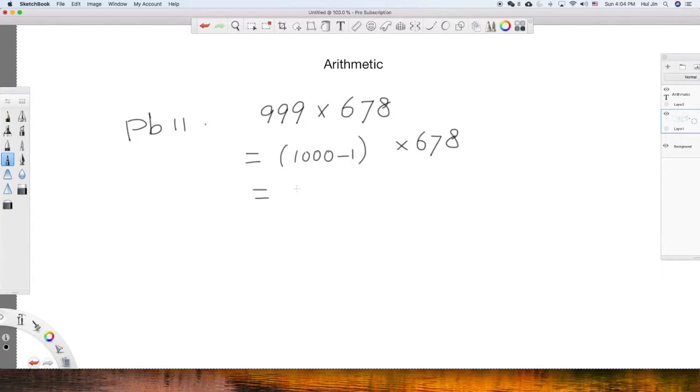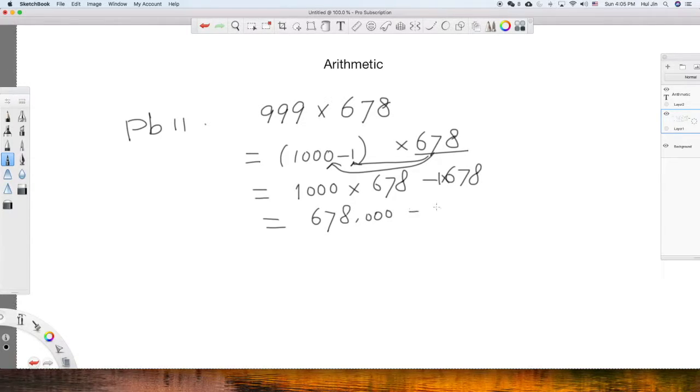Using the distributive law, this equals 1000 times 678 minus 1 times 678. You distribute this common term into every term inside the parentheses. So this equals 678,000 minus 678, and this subtraction is relatively simple: 677,322. All right, so the distributive law can actually go both ways.